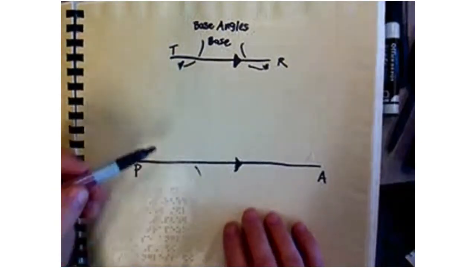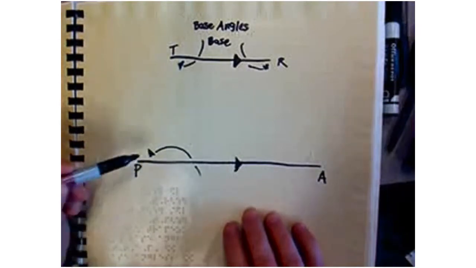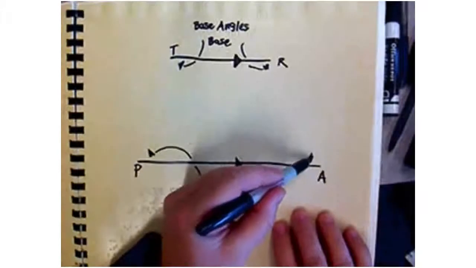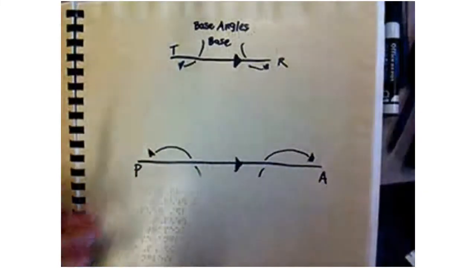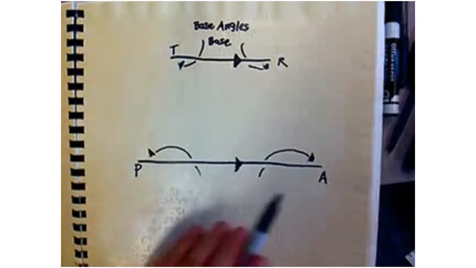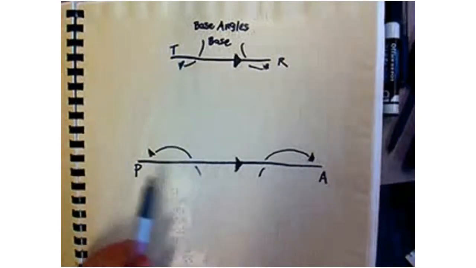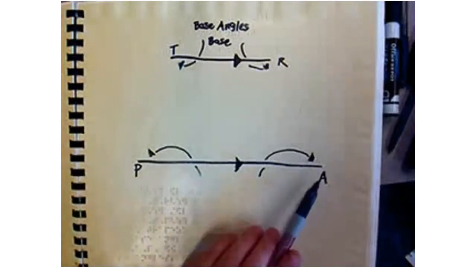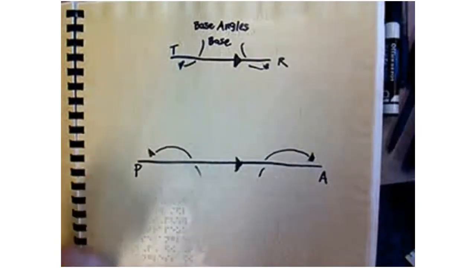Also, they're indicating with a little arrow pointing to the interior angle at P and the interior angle at A. Those are also base angles. So the angles related to the base are the base angles. So we would say PA is a base, and PA are the base angles. TR is a base. TR are the base angles.